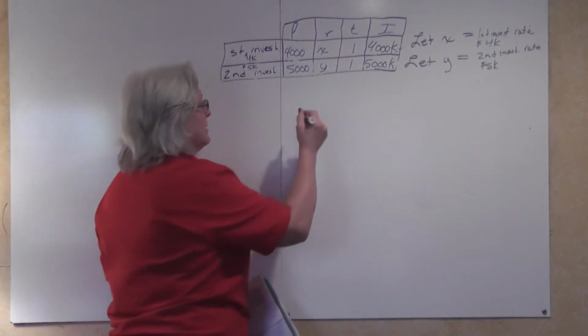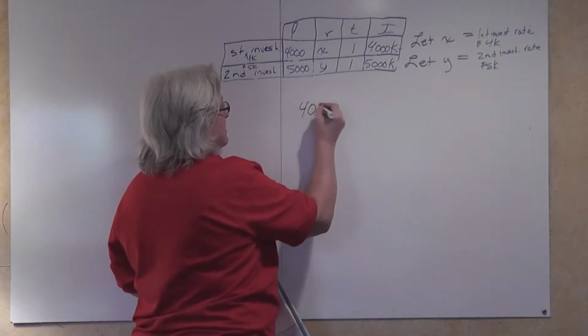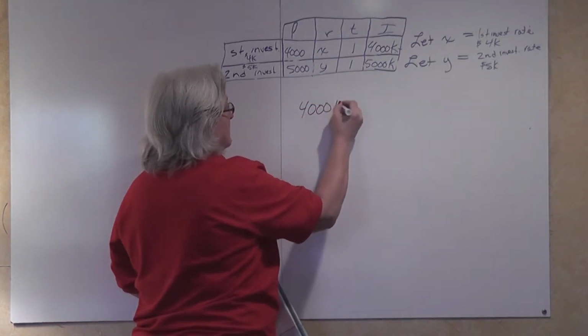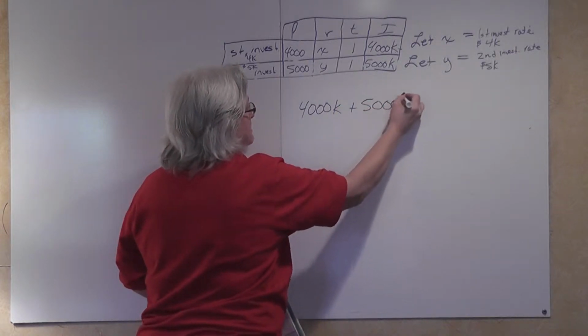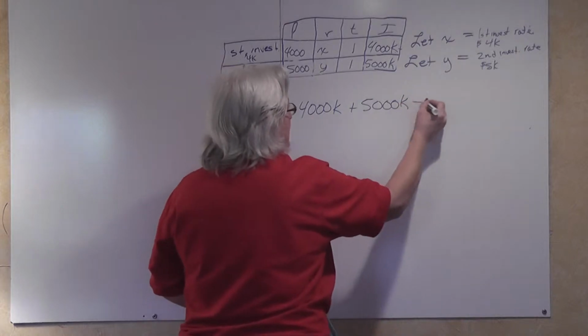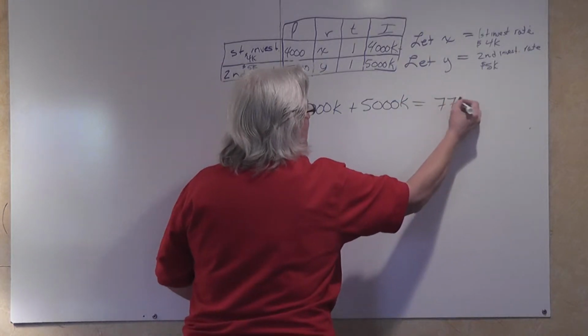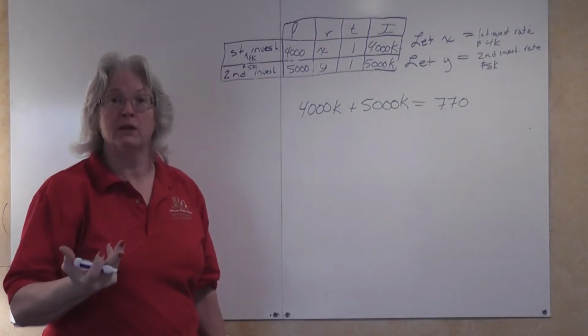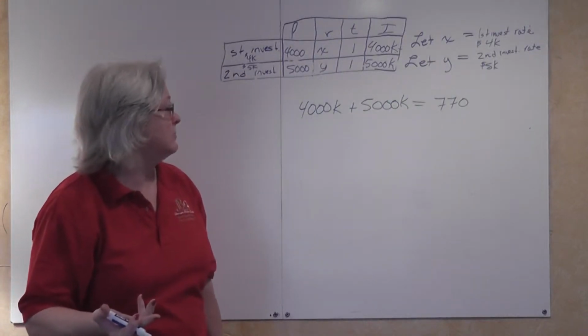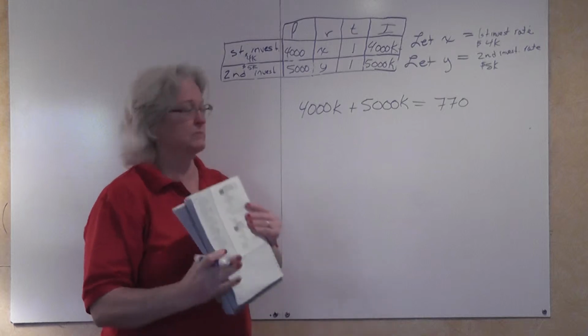So if the interest on the first investment is 4,000x, you add the interest on the second investment, which is 5,000y, and you end up with the total amount of money that you receive in interest income of $770.